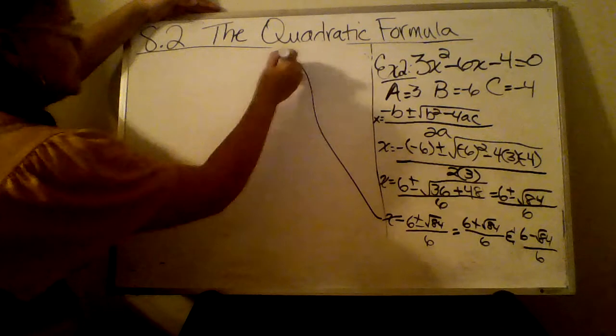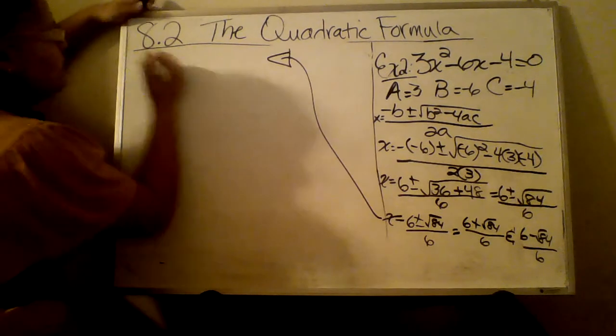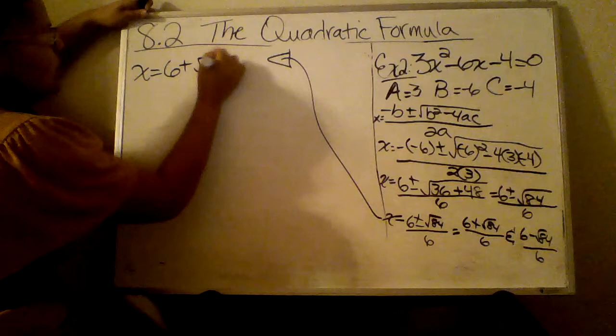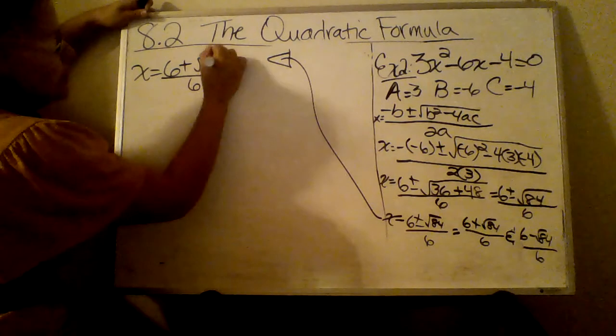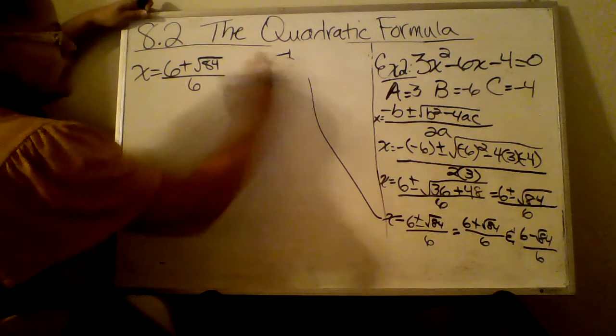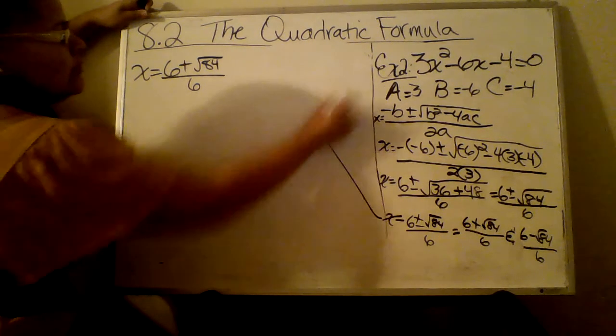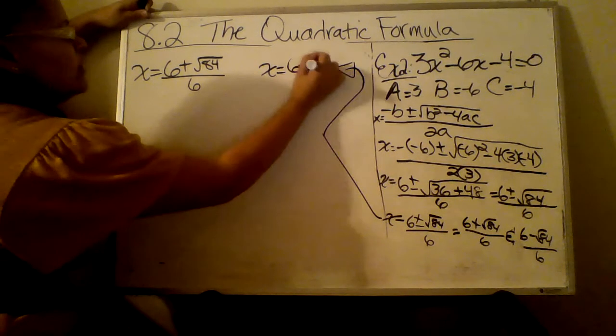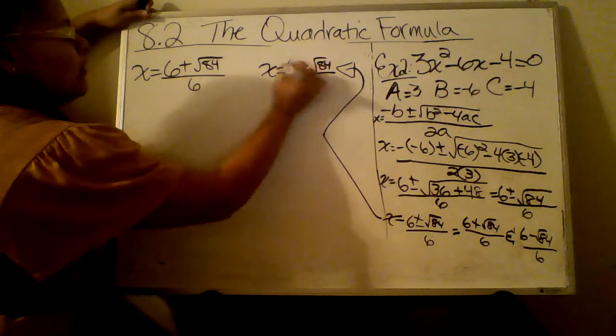So x equals 6 plus square root of 84 over 6, and then x equals 6 minus square root of 84 over 6.